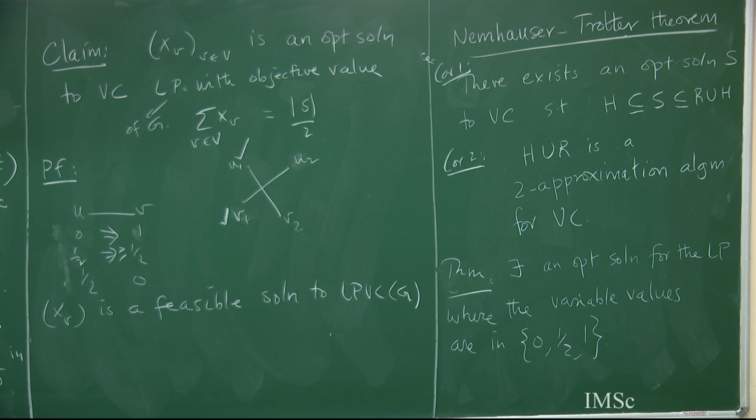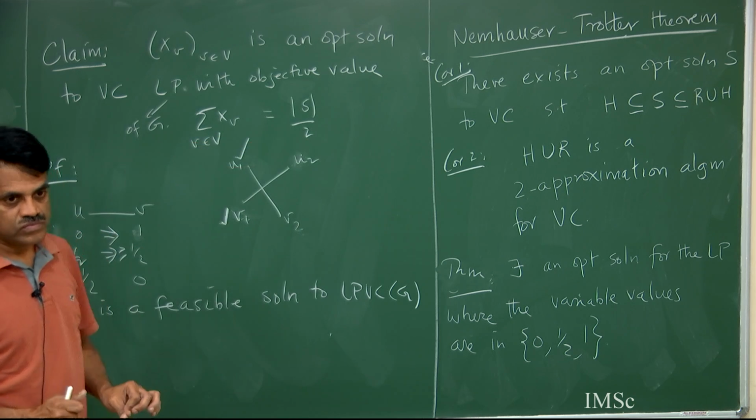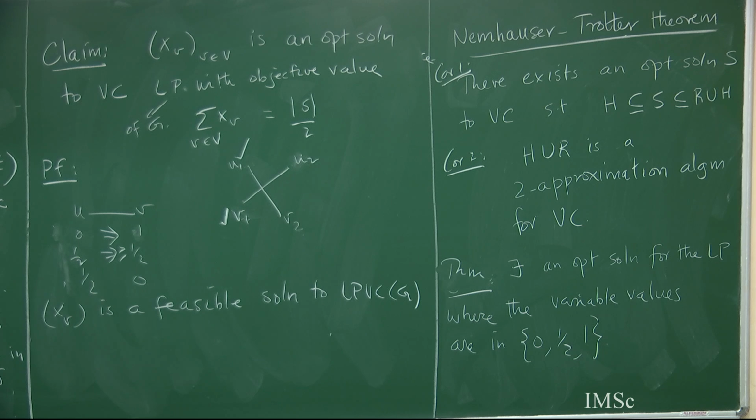Now I want to show that it is actually an optimum solution as well. And the way I am going to show is that any other solution is of size at least this much. Since it's a minimization problem, this will be the optimum.